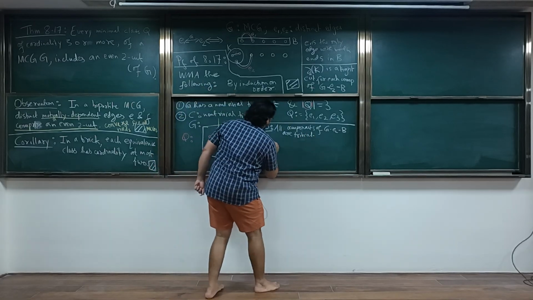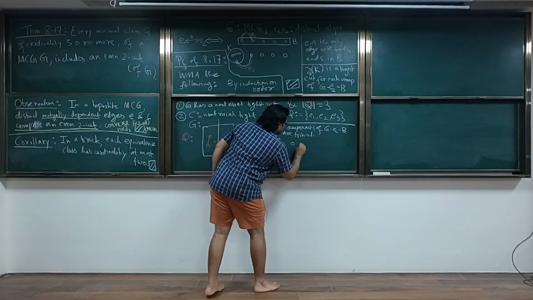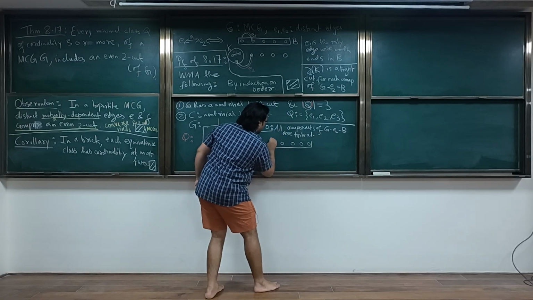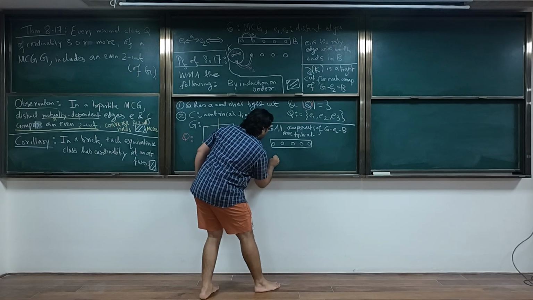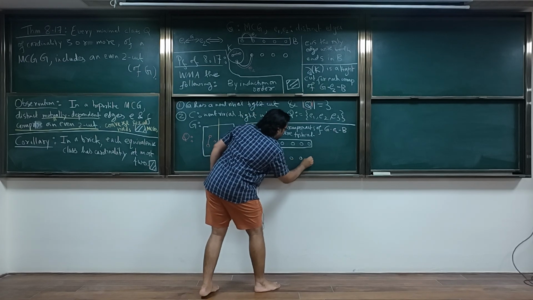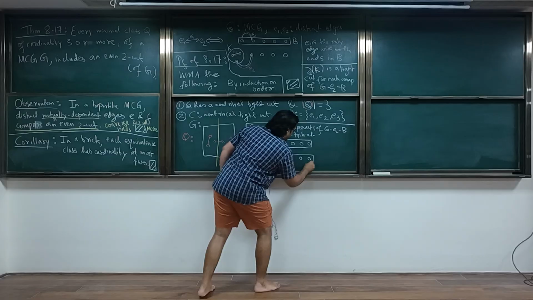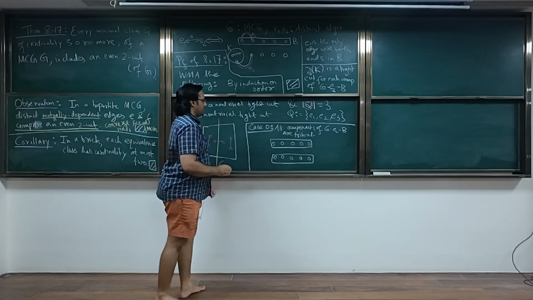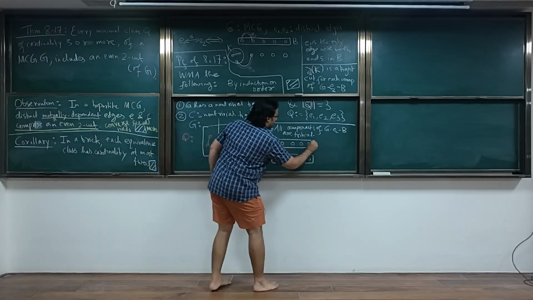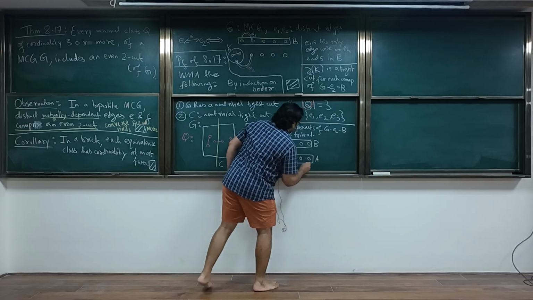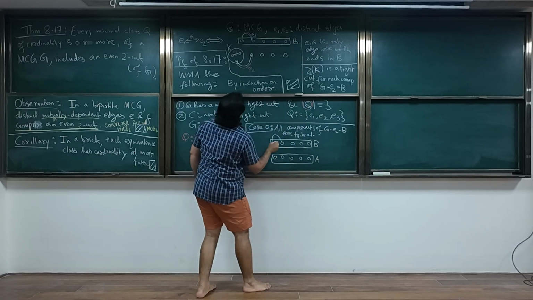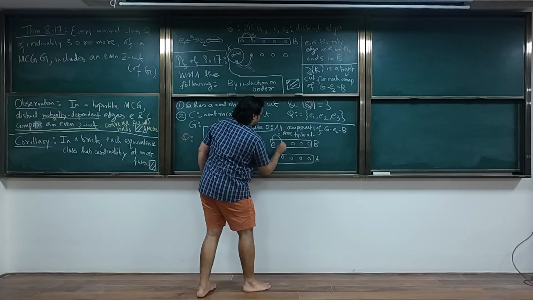Okay, so then we make another drawing for that case. This is our B, we can call this A, and the graph is basically bipartite if we delete E1 and E2.